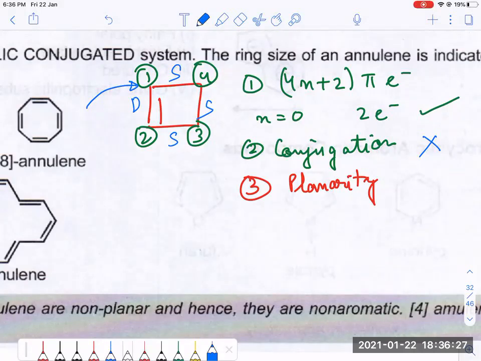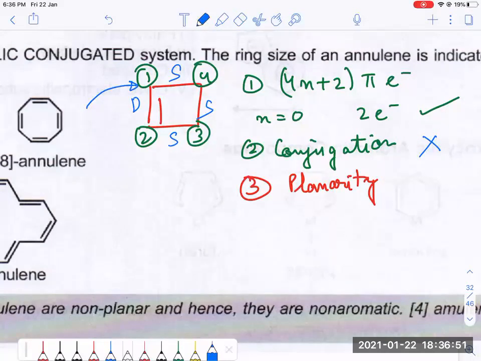I'm not able to hear anybody's voice. Is anybody able to hear my voice? Yes, sir. Okay. Should I tell you again how to calculate the hybridization, in case you have forgotten it? Yes, sir. All right.